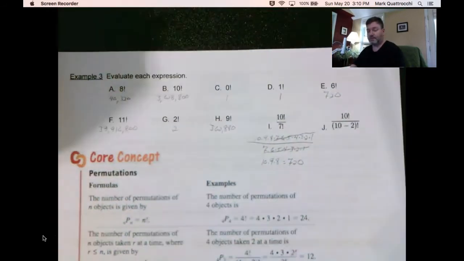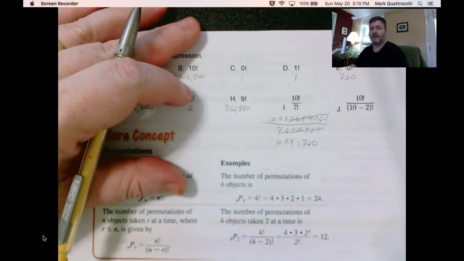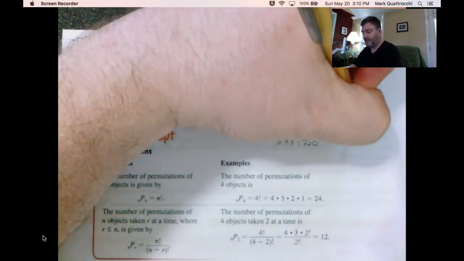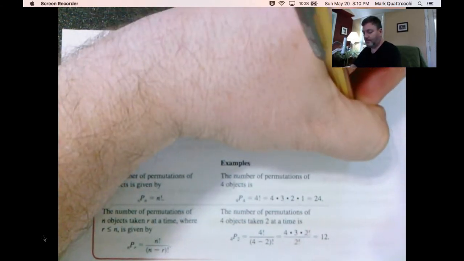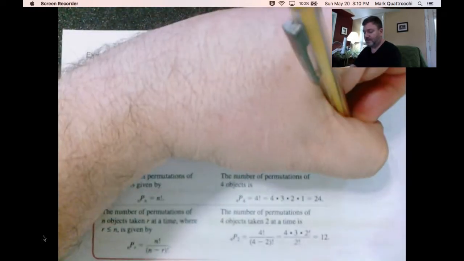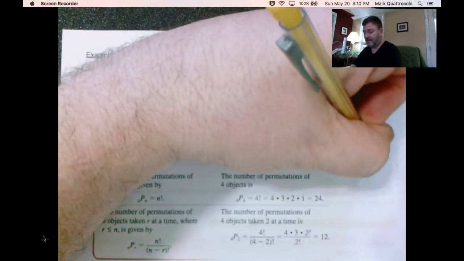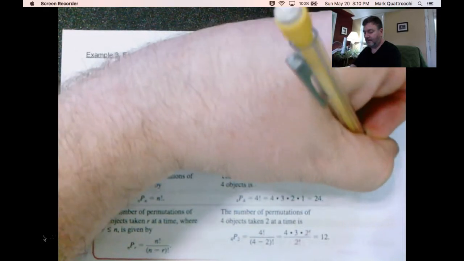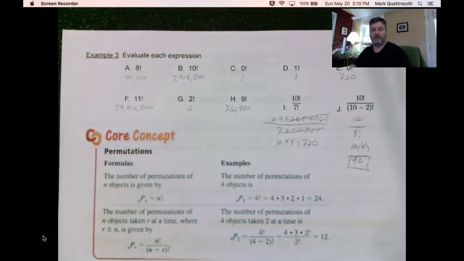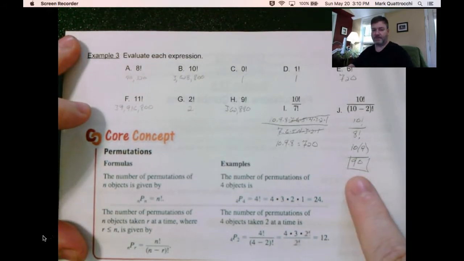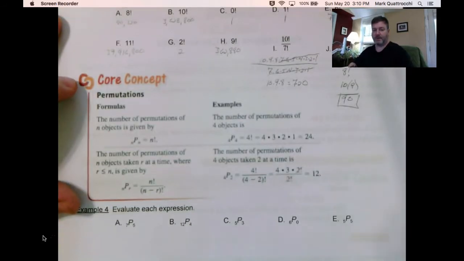If we take a look at this one, this is 10 factorial divided by 8 factorial, which is 10 times 9, or 90, after you do the reducing. And again, this becomes very useful when we start doing permutations.